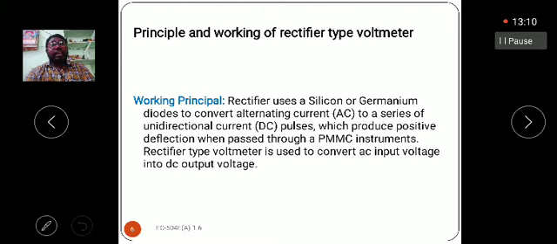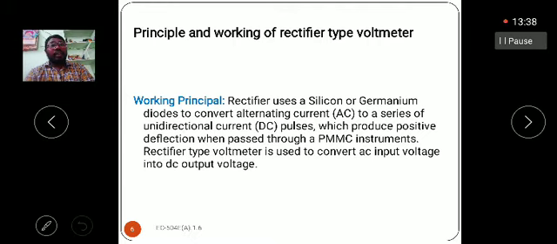This is the basic working principle of the rectifier type voltmeter.